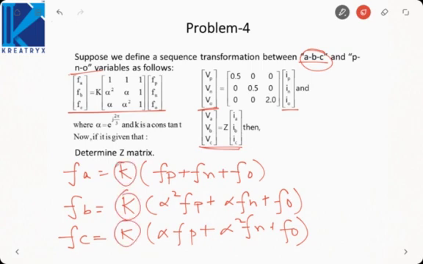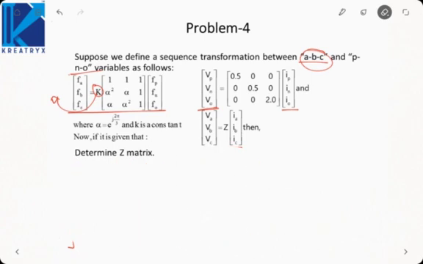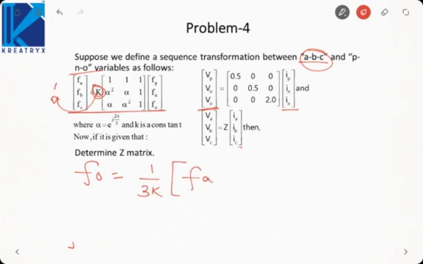Now for inverse transformation, what to do is take this k on the left hand side, then write the inverse of this matrix. How? F0 will be 1 by 3K, because K will become 1 by K here, times FA plus FB plus FC.